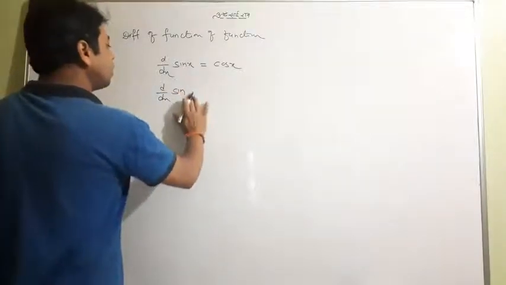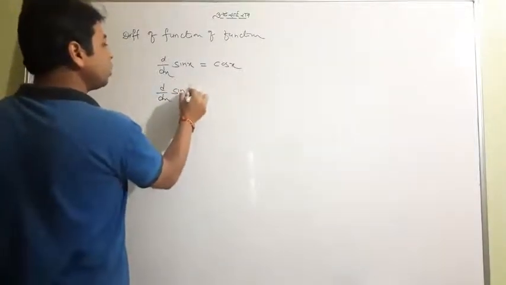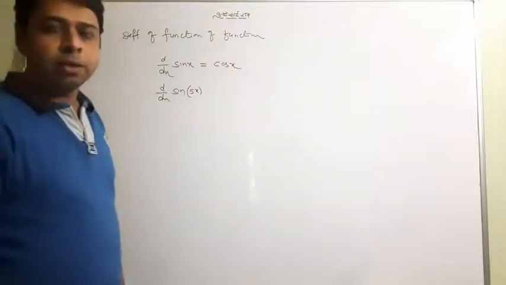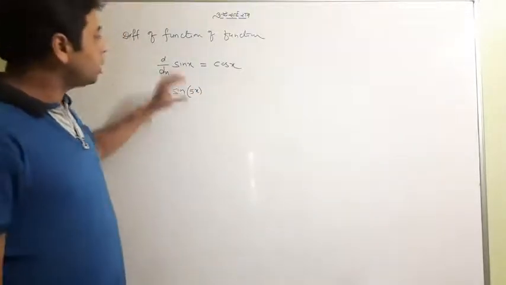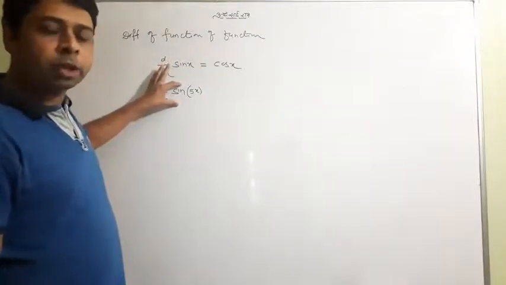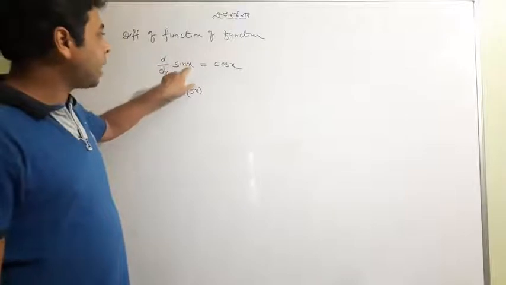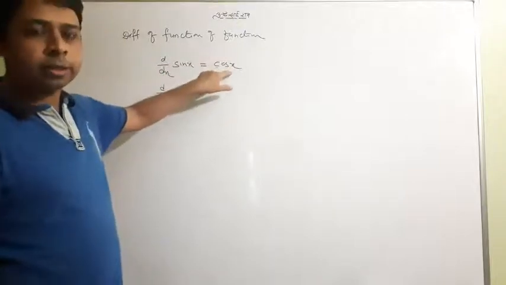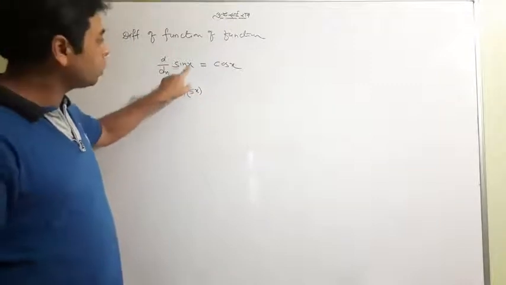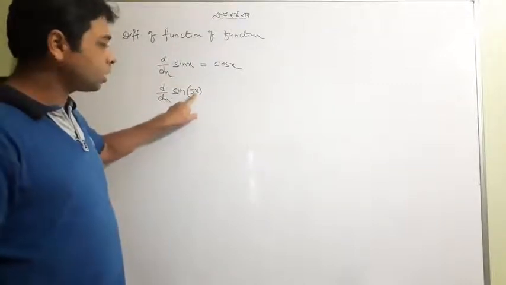Okay, if you are feeling it is tough, let me change it. Suppose it is only 5x. Students, see these two functions. This was sine x, so the answer was cos x, but this is just a bit of change in the function of x. This was x, but it is not x, it is 5x.